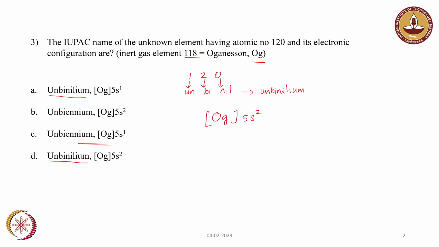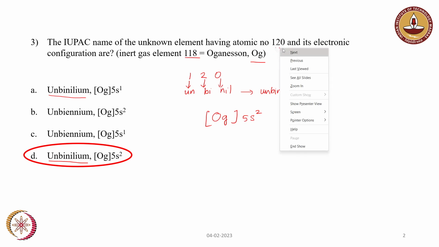And next one is similar to the first one we have done. 120: 1 is un, 2 is bi, and 0 is nil. So the name is unbinilium, and we are given 118, where the element is represented as Og.